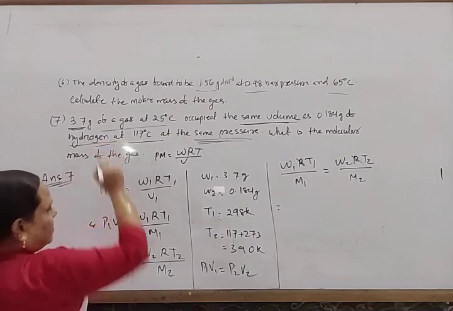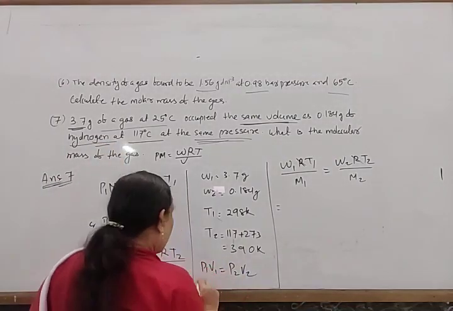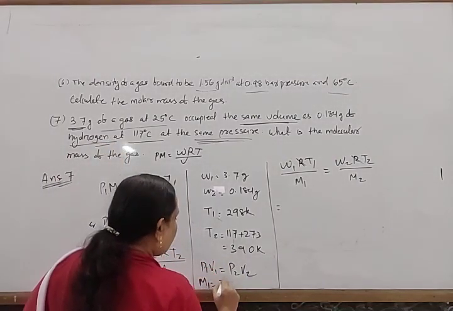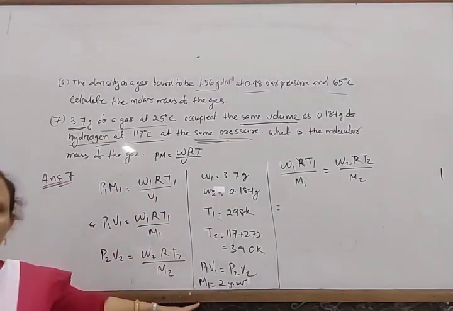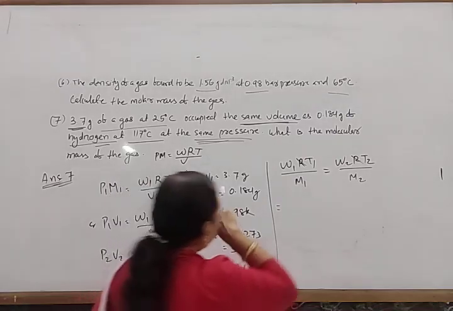This is for hydrogen, so M is 2 g mol^-1 because hydrogen is given.